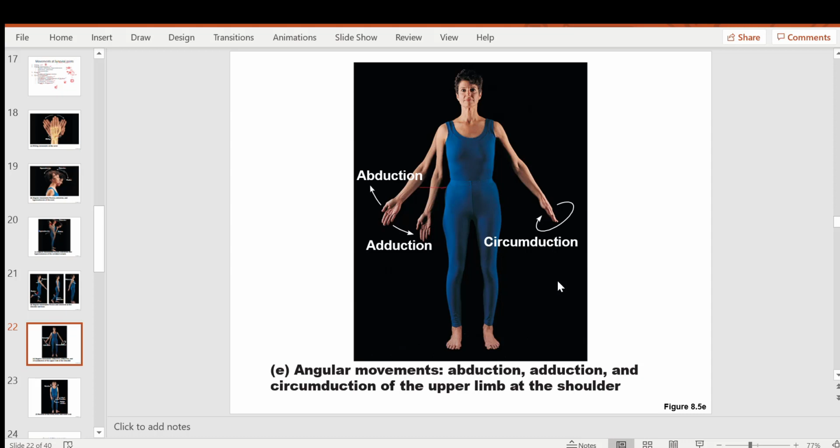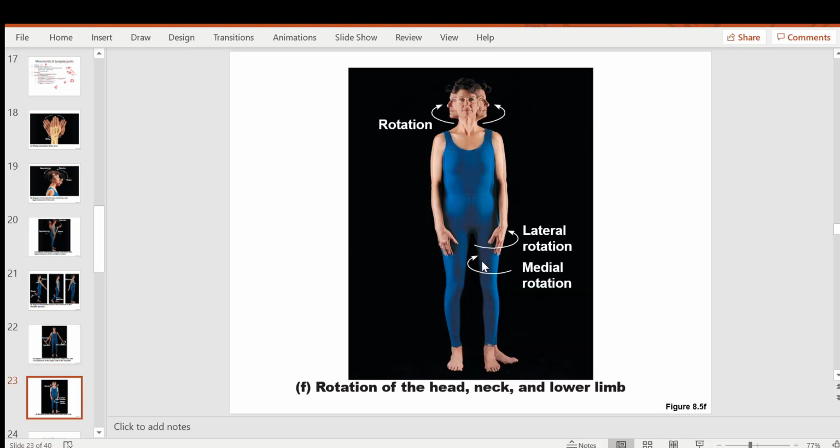Taking your body part away is abduction, bringing back towards your body, adduction. Rotation, the axis will not change, the bone will move around the axis. So a good example, you move your head lateral and medial, so lateral rotation, medial rotation.